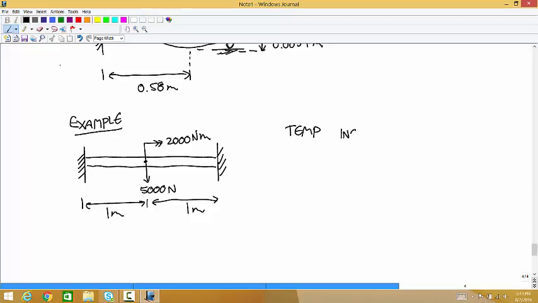And the temperature increases 60 degrees Celsius. And let's say we want to find a stress tensor at that dotted line.